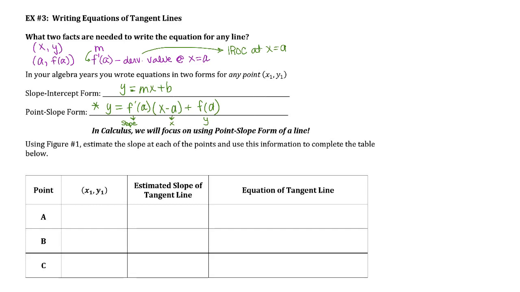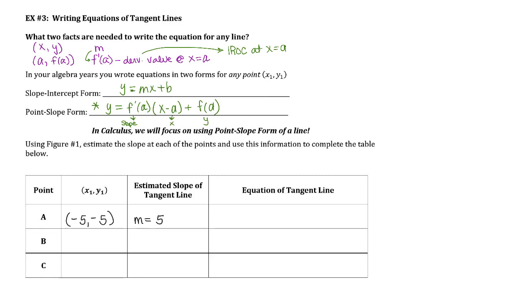Okay, so our next part, it says using figure 1, estimate the slope at each of the points and use this information to complete the table below. So at point A, I believe we have the point -5, -5. If we estimate the slope, then we're going to have a slope of 5.